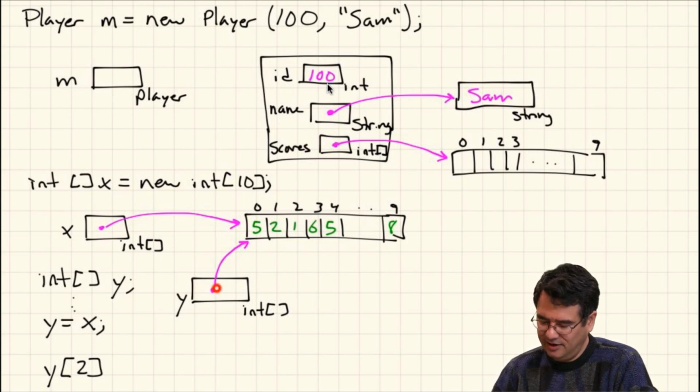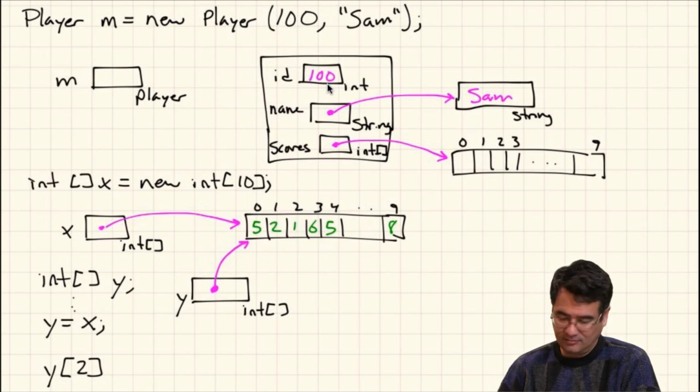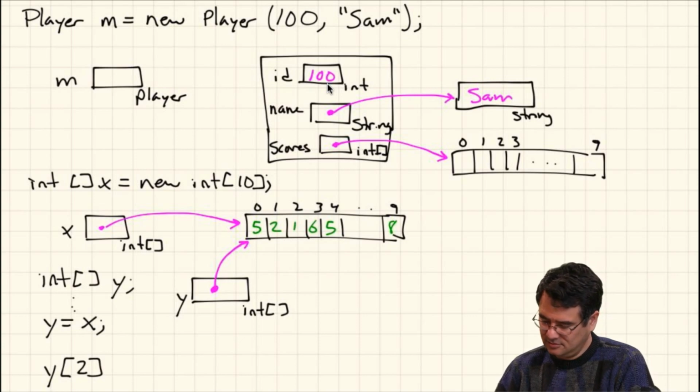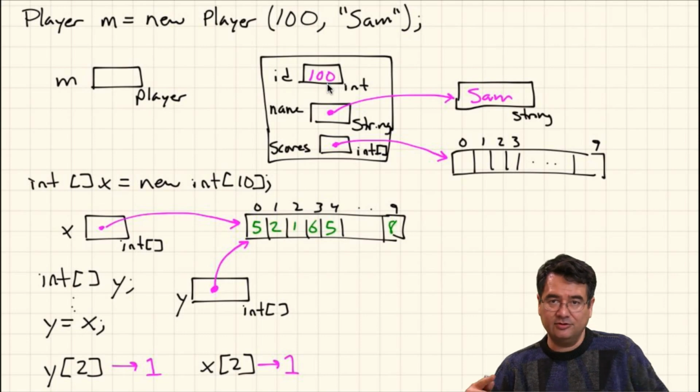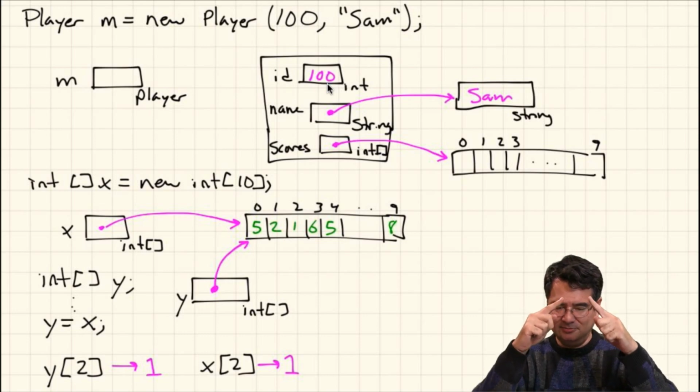So we start at y, follow the arrow, and then go to box number 2, and we pick out the 1. Okay, so this yields a 1. And if I ask for what's in box number 2 of x, it's the same thing. Right? Because they're both pointing to the same array.